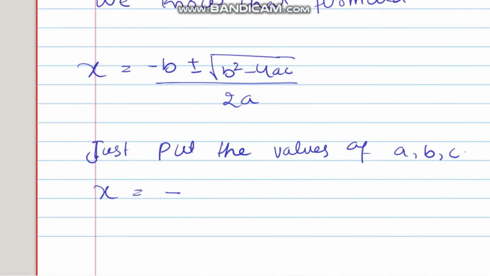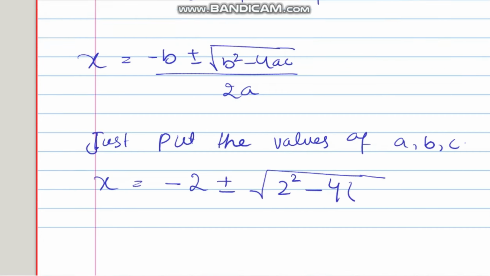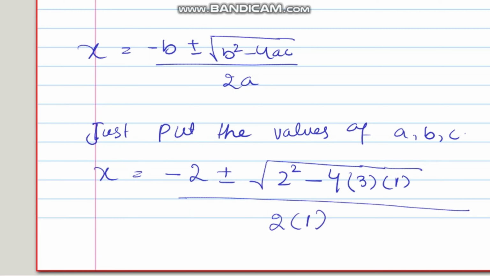What is b here? Minus is same and b is 2, and again under root b is 2, so 2 square minus 4. What is a? Let me check. A is 3 basically, and c is 1, and the whole bracket will be this, and below it is 2a, where a is 3.